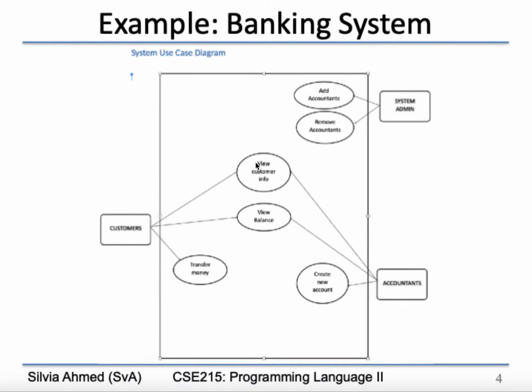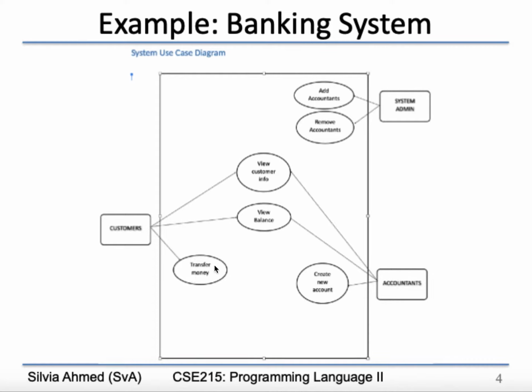So we have this view customer info, which should be accessed by both the customers and also the accountants from the bank. The view balance functionality can be accessed by the customer himself or herself and also by the accountants. However, the create new account functionality can be accessed only by the accountant.